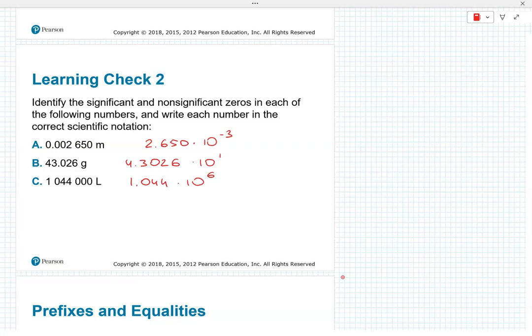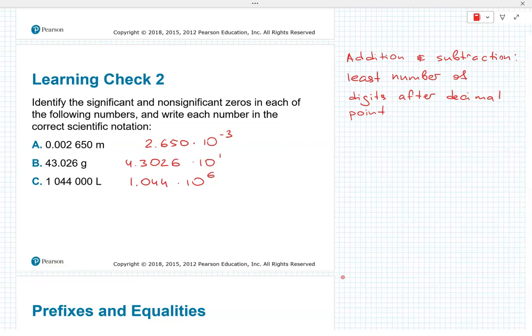So, in addition and subtraction, list the number of digits after the decimal point. Okay, let me show you.